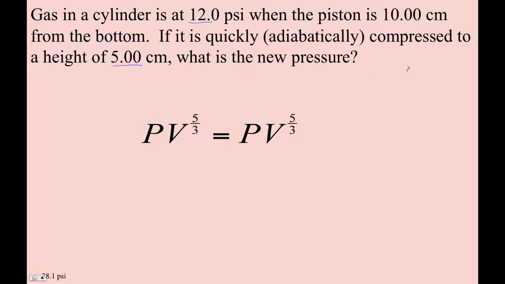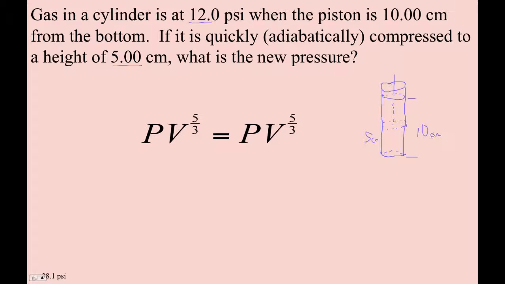Now, this is a cylinder with a piston in it. The piston is 10 centimeters from the bottom, and then we're going to look at it when it's 5 centimeters from the bottom.